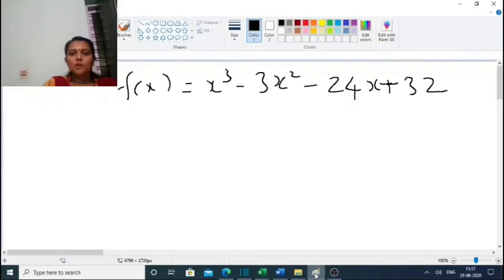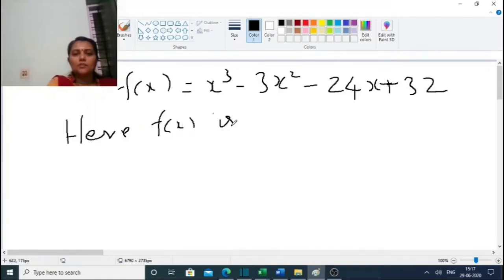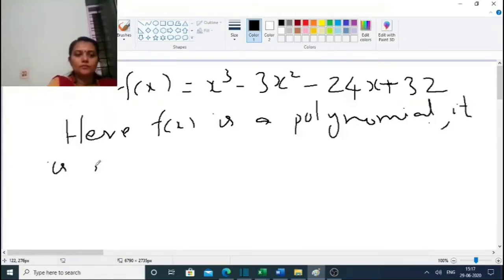So the first problem is to find the relative extrema of x cube minus 3x square minus 24x plus 32 using the second derivative test. Here f of x is a polynomial, so it is differentiable everywhere.